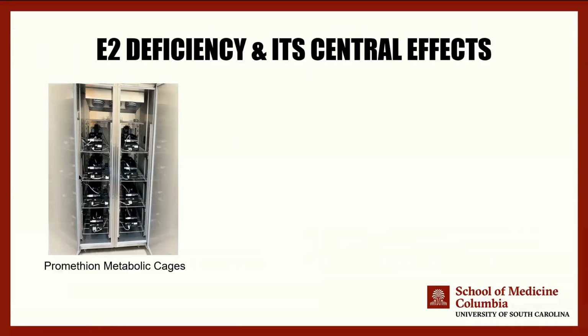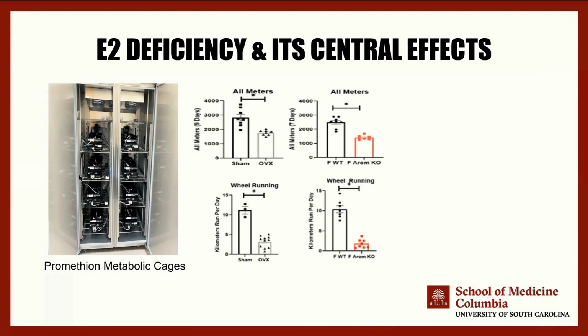We have access to the Promethean metabolic cages from Sable Systems, and we show that, sure enough, if you look at meters moved, or general physical activity in the cage, both the ovariectomized mice and the female aromatase knockout mice move less.